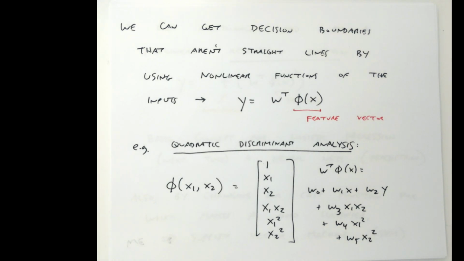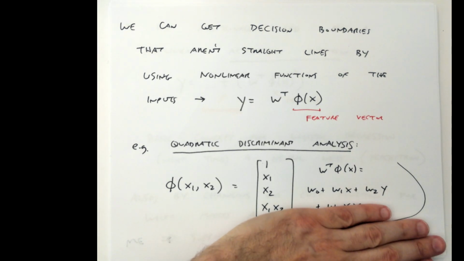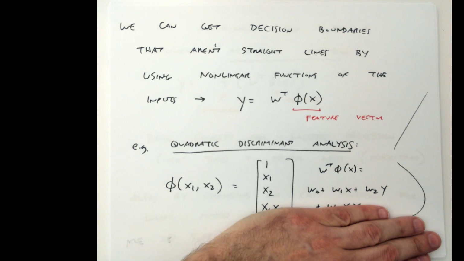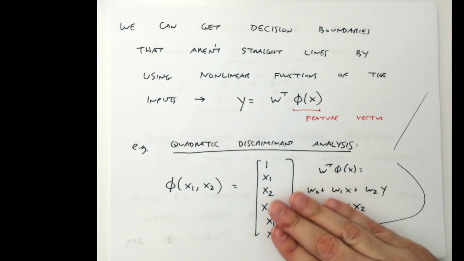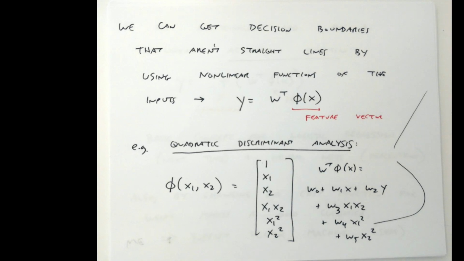If I plot that function in 2 dimensions, it's going to look like a parabola. If all I had was this, the function could only look like a straight line. So this allows me to curve my decision boundary around in a more complicated way. I can only do better by allowing myself these extra degrees of freedom, because in theory this can do everything that this does if I set these numbers equal to 0, but it gives me additional freedom to make the decision boundary better.